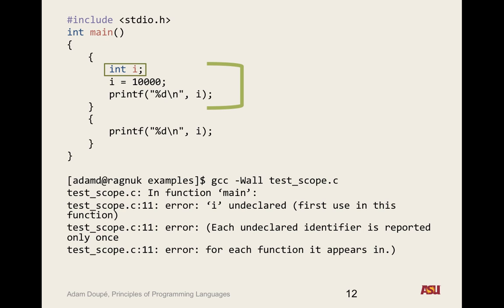So this I is valid in this block here, and those I's all correspond to that same declaration, but this last I doesn't have anything that it resolves to. That's why the compiler says I is undeclared. You've never declared that there's a name called I. And what is it? Is it a variable? Is it a function? I don't know what it is.